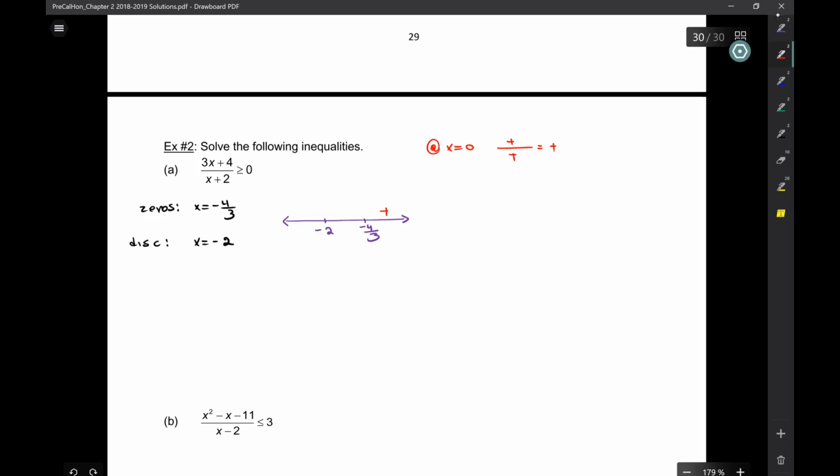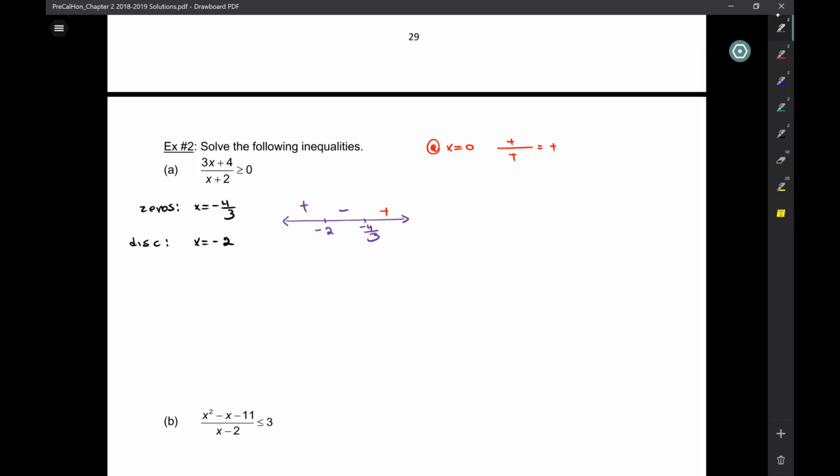Now, where did I get the negative 4 over 3? Here. Multiplicity is even there. I'm sorry, it's odd there. So it alternates sign. Where did I get the negative 2? The bottom. Odd multiplicity alternates sign. Plus, minus, plus.